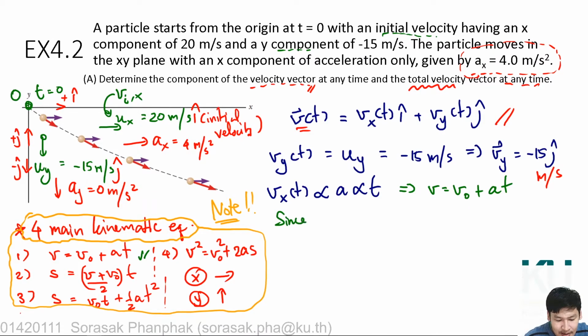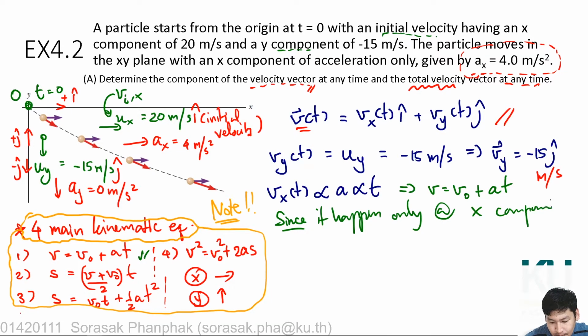Since it happens only in the x component, I will write it as vx equal to ux plus ax t. Time is universal, but we look after only the x component, since the y component we already looked after. We finished the y component already.